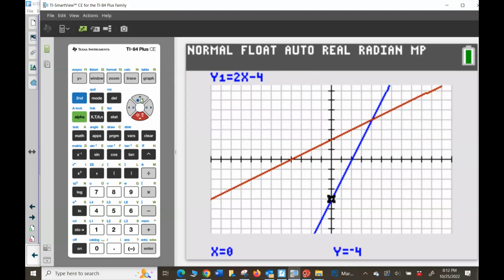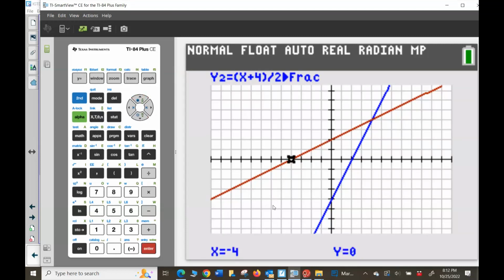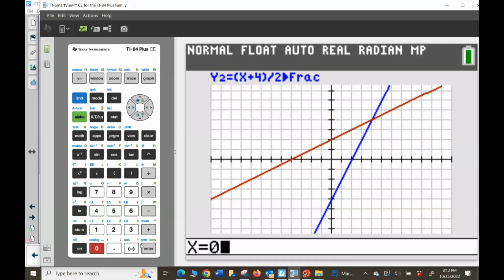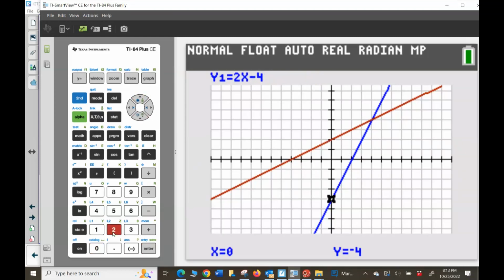So I'm going to jump to the red one and say, what happens when I go to -4? And it goes to 0, okay? And then if I trace the 0 here on the reddish brown one, it should be on 2, 0. So I'll go down here and type in 2, and it's 2, 0.